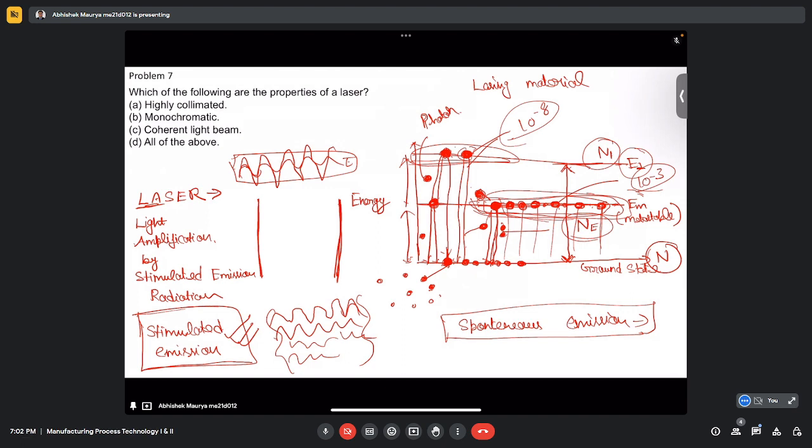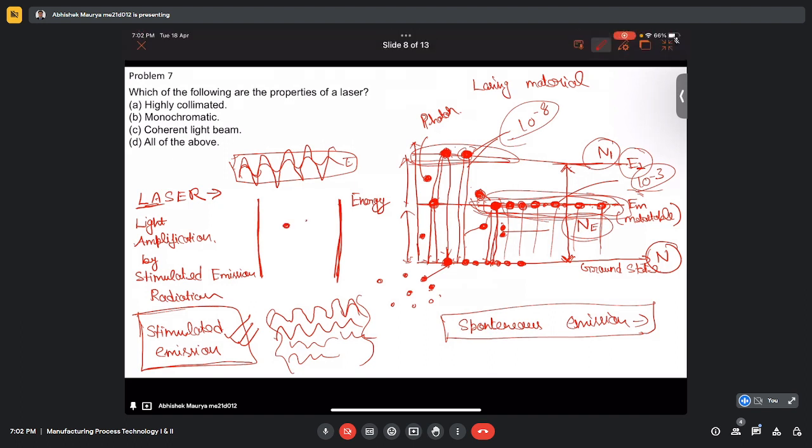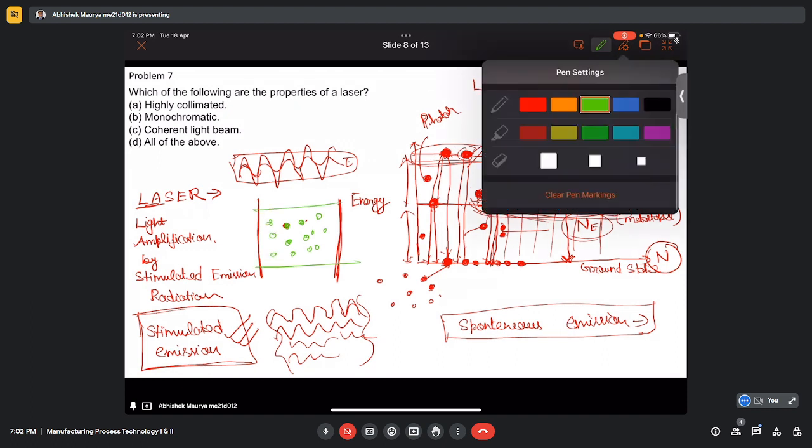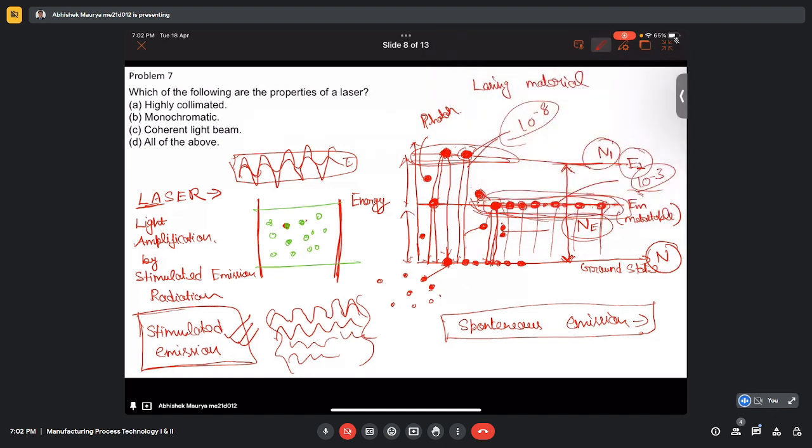Initially, we have some CO2 atoms. I'm taking the example of CO2 because it is very common. We excite them to go to the higher energy state, and then again we stimulate the high energy state electrons to come to the ground state so that photons come out.